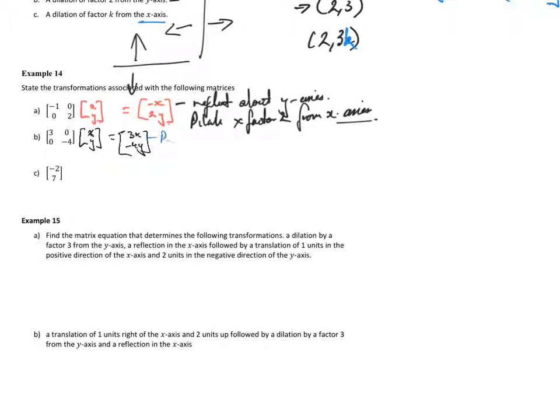The x value is dilated, so dilate by a factor of 3 from the y-axis. And we have a dilation by a factor of 4 as the y value was affected. It's from the x-axis, and the negative sign is also a reflection.